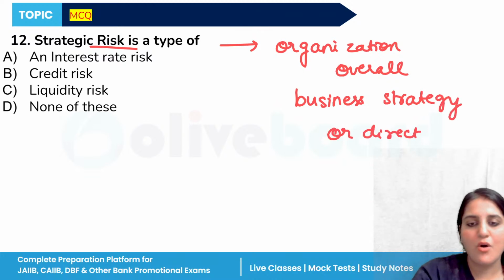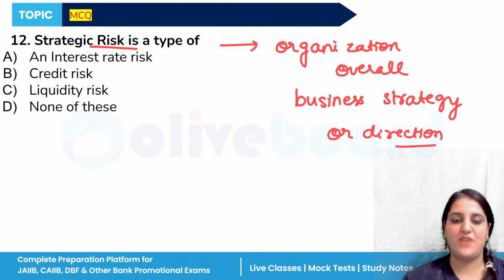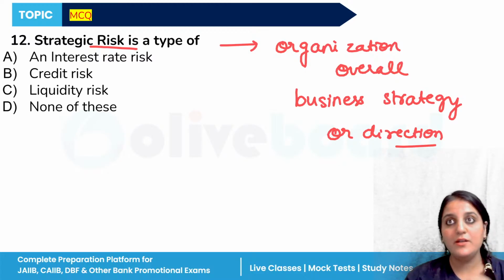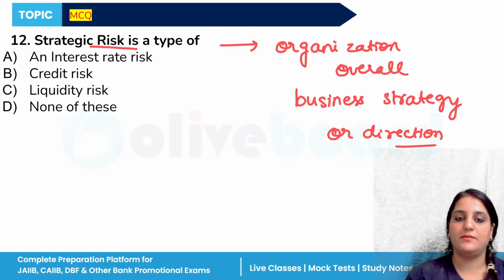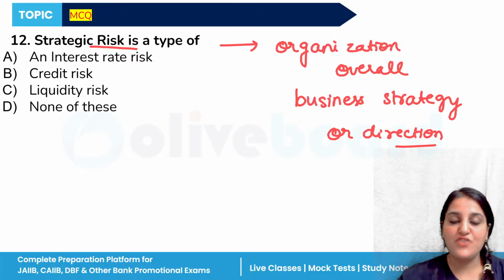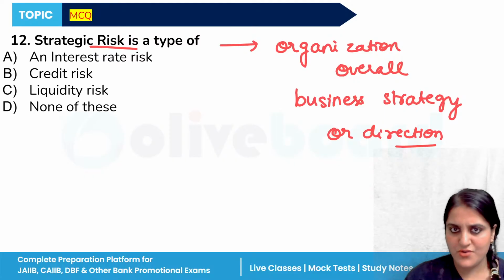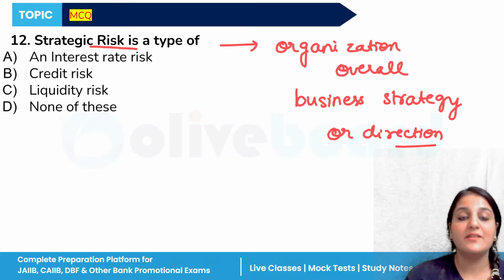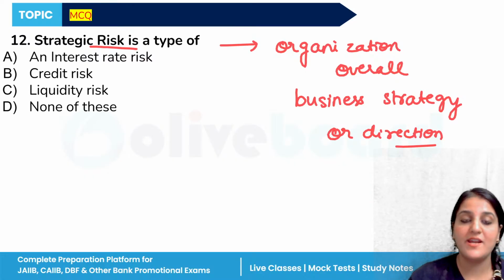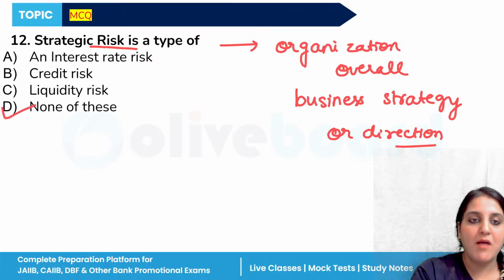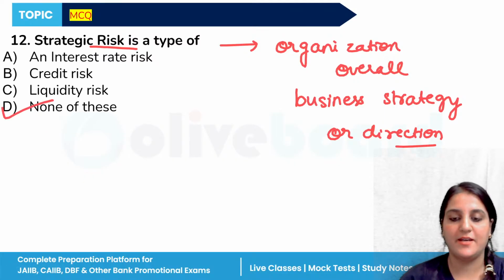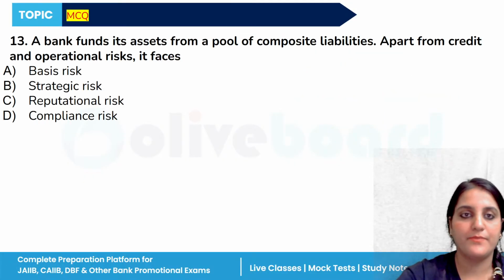It is the risk of making incorrect strategic decisions that could lead to financial losses or missed opportunities. So strategic risk is not an interest rate risk, not a credit risk, not a liquidity risk, because it arises from the organization's business strategy. That's why we can mark option D as incorrect, that is, none of the above.